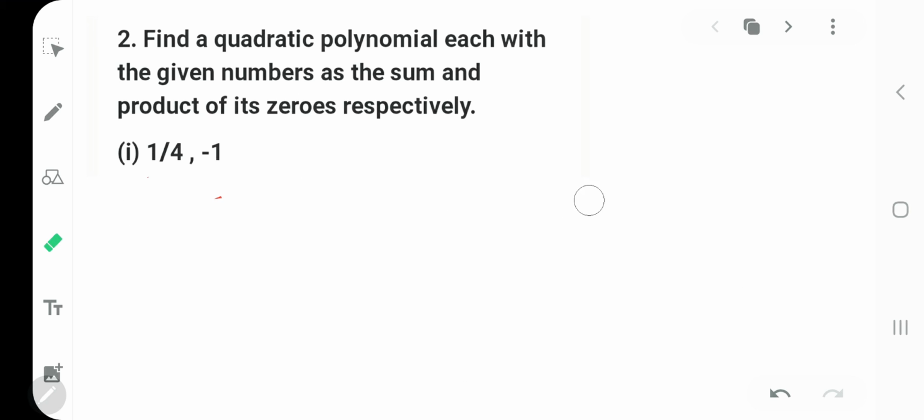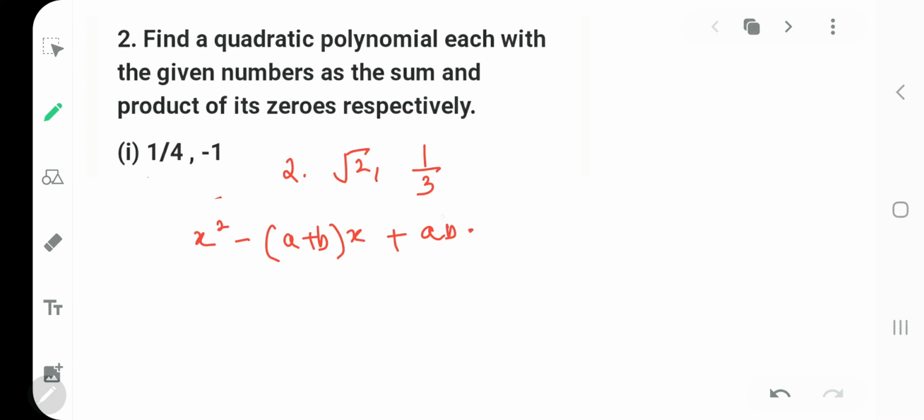Suppose if I give you one more in this, I'll give you two zeros as root 2 and 1 upon 3. Root 2 and 1 upon 3. And the formula will be the same, x square minus (a plus b) x plus ab. This is the sum of zeros, this is the product of zeros. Your first value will be put into the sum of zeros and your second value will be put into the product of zeros.